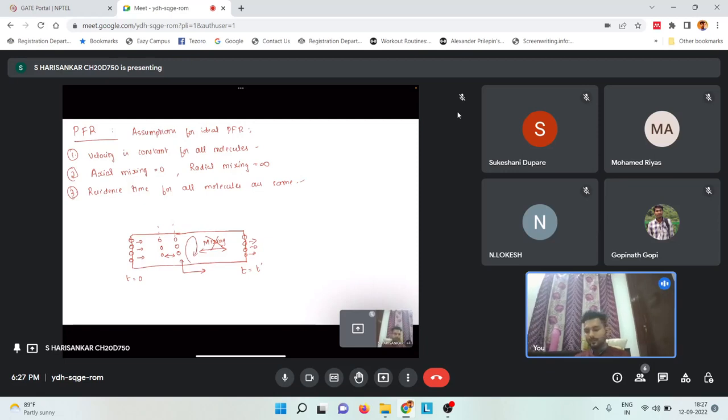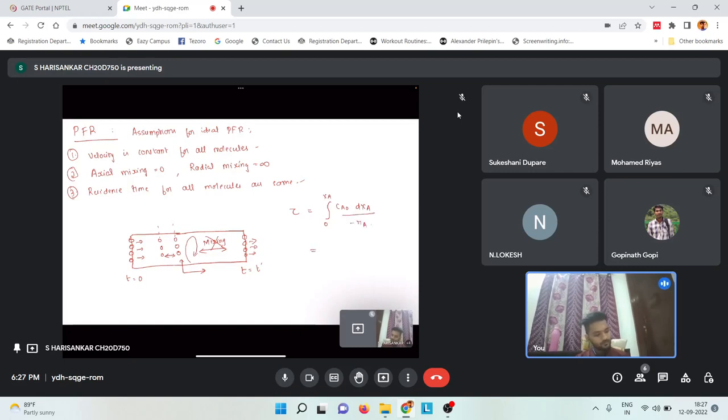Now, the material balance for this, I'll give as a homework for you. Try it out, and you can refer to textbooks as well. There are a lot of good textbooks available for CRE. By doing the material balance, we can see that tau is equal to the integral from 0 to xa of Ca0 dxa by minus Ra.